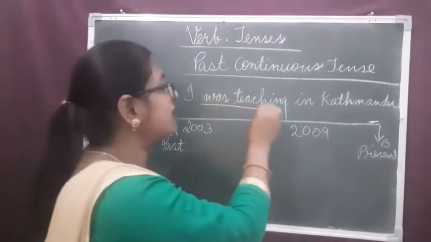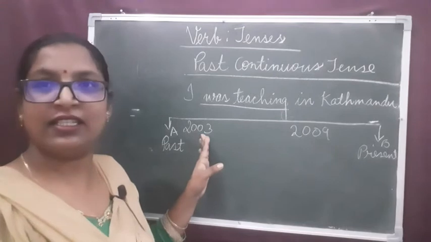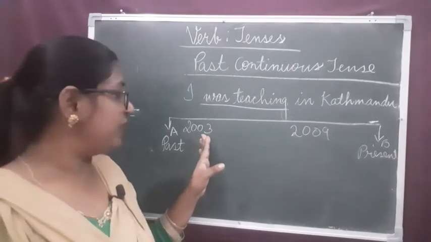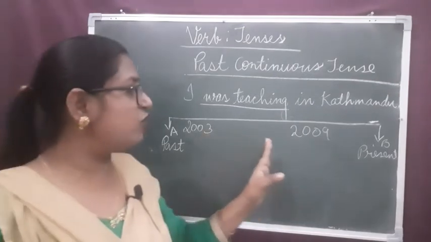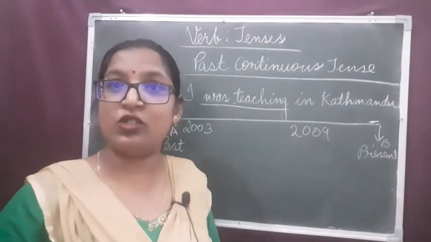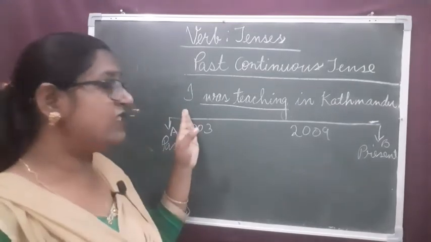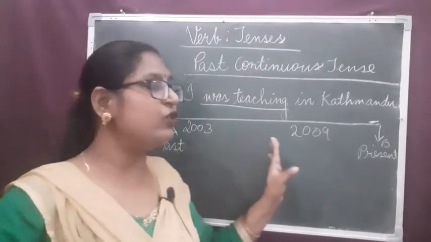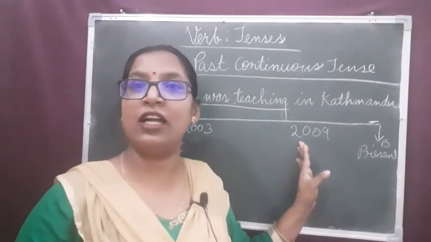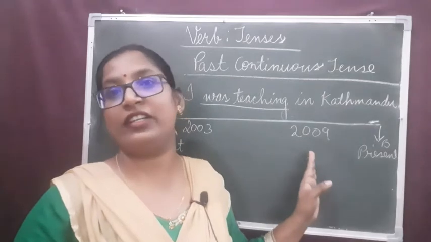I started my job in 2003 and I continued my job till 2009 and at present it is 2020. Action started in the past and continued for some time in the past. That is called past continuous tense.